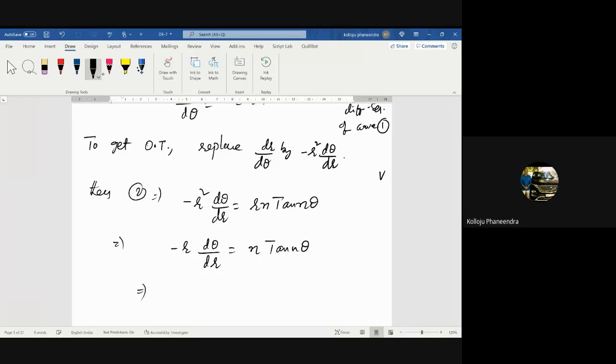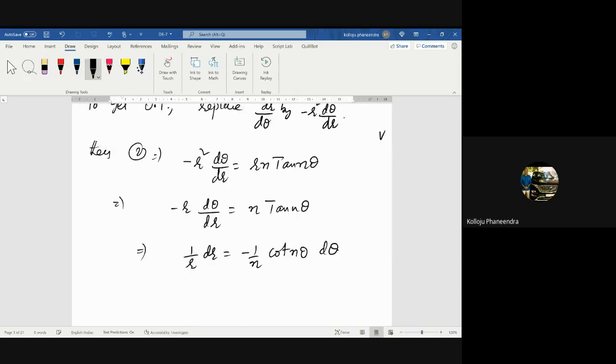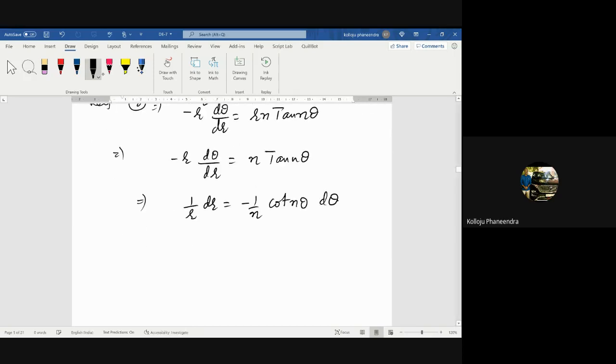So I will write taking r this side, 1 over r dr is equal to, taking theta this side, minus 1 by n cot n theta d theta. Any corrections? n comes here as 1 by n, cot, right? It is in variable separable form.